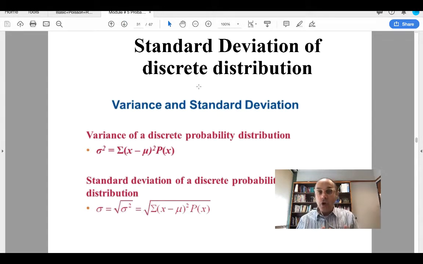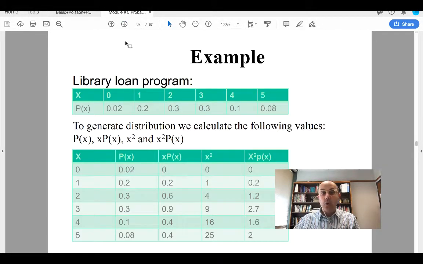But in that idea, we also use standard deviation. So we calculate the standard deviation, and the variance of this discrete probability distribution allowed us to formulate the following formula, and that's the formula that we apply. For example, I gave in my textbook the probability of a library loan program.